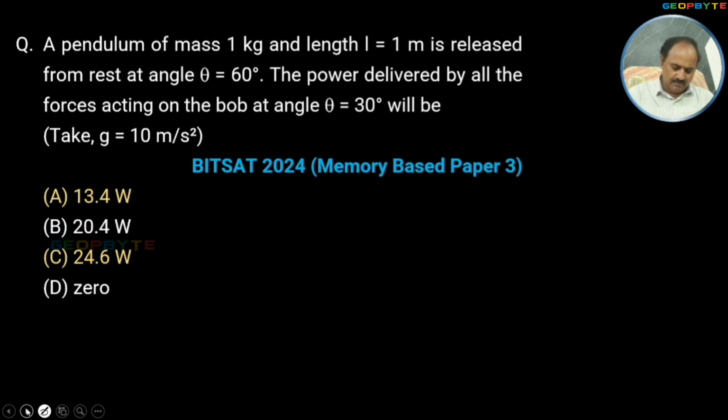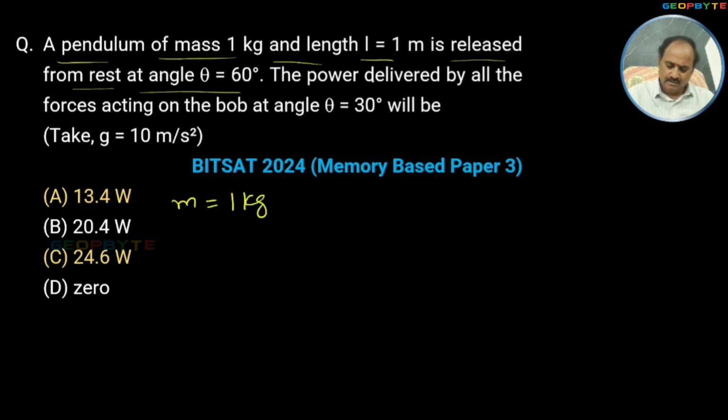Similarly, let us take another important problem. Look at this problem. It is asking like this. A pendulum of mass 1 kg and length L equal to 1 meter is released from rest at an angle of 60 degrees. The mass of the simple pendulum is 1 kilogram. Released from rest at an angle of 60 degrees means it can be marked like this.